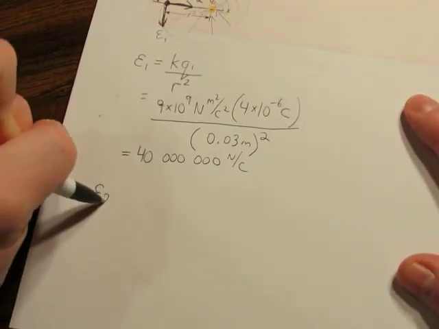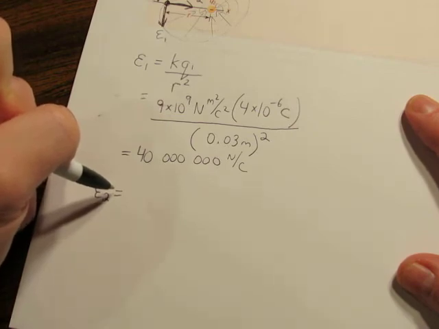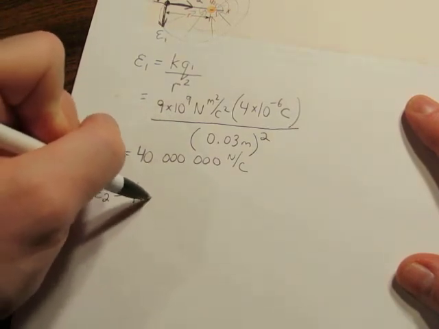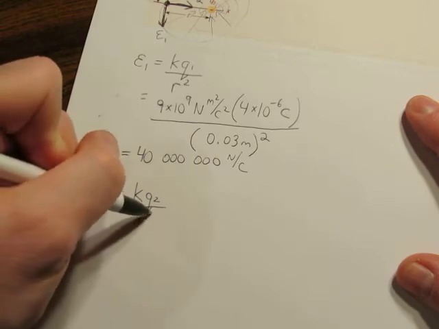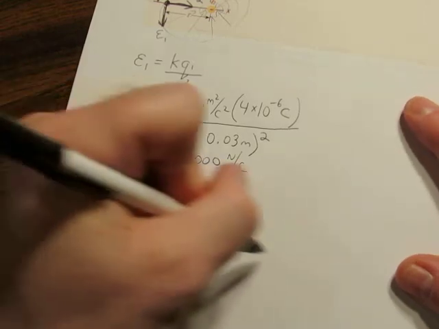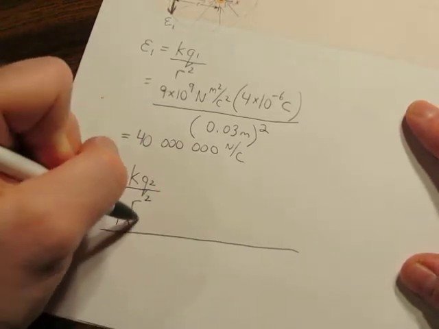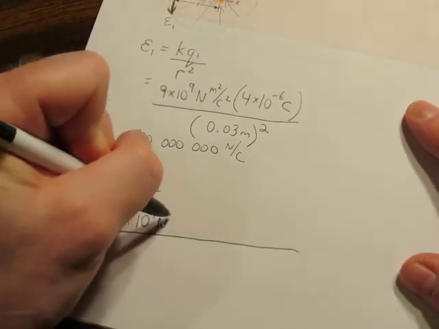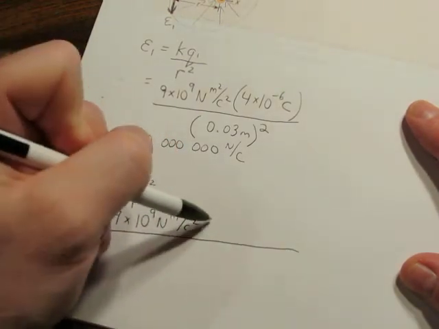Charge 2. What is the electric field 3 centimeters away from charge number 2? So charge 2 and a distance away squared. Same thing. The answer will be in the same ballpark, just because these values don't change too dramatically.